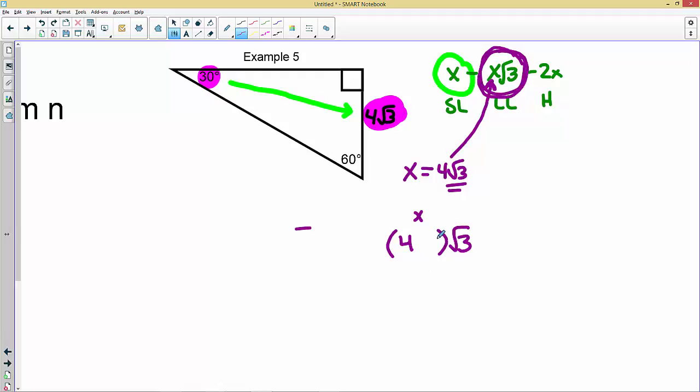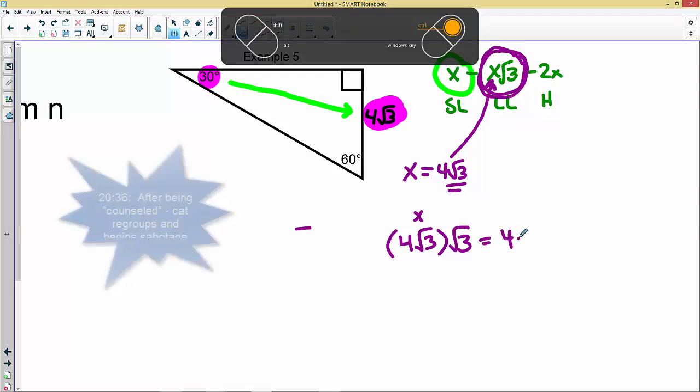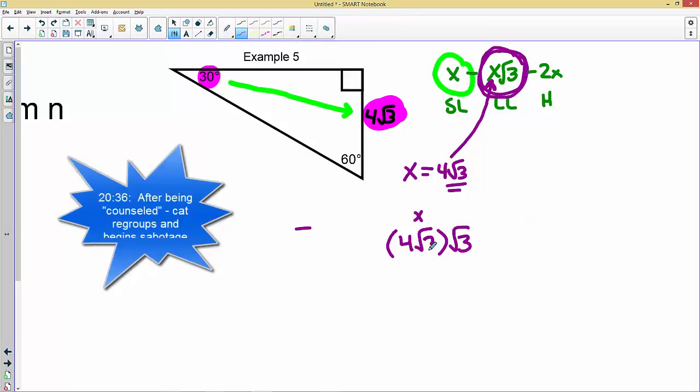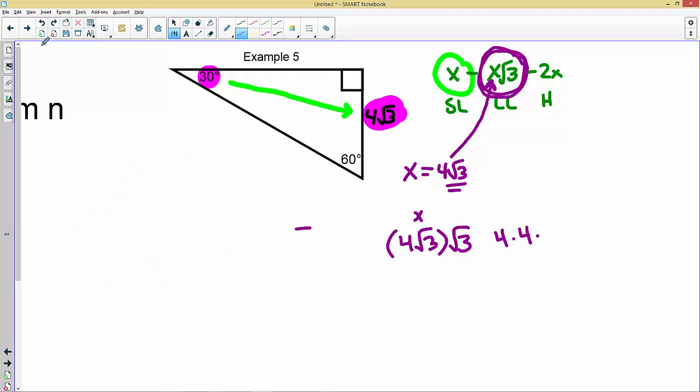4 radical 3. So when I multiply this together, it's 4 times radical 3 times radical 3, okay?